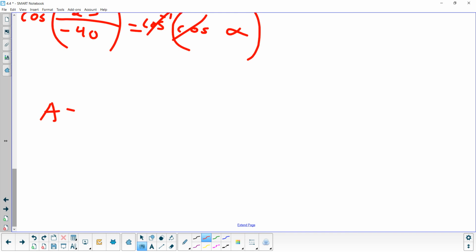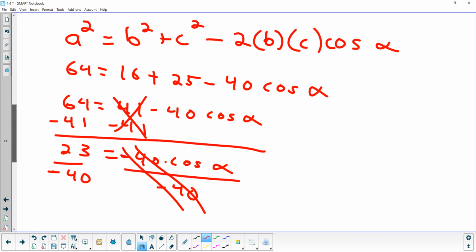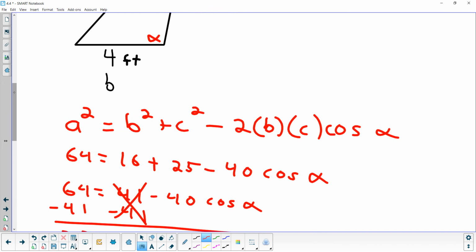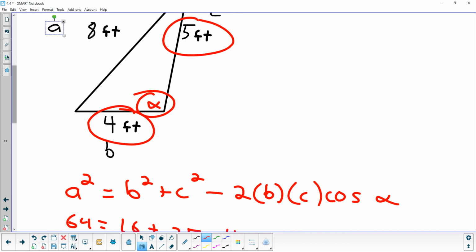So our area equals, I know I need to find that angle. I'm going to find it in a second. 1/2. Now we just have to look at what two sides we used. We solved for alpha, which is across from A. So you're always using the two sides and the angle between.